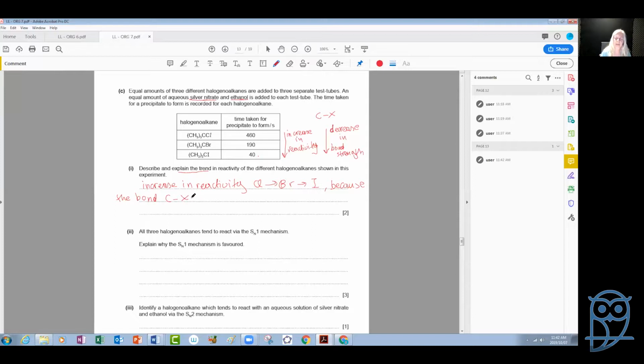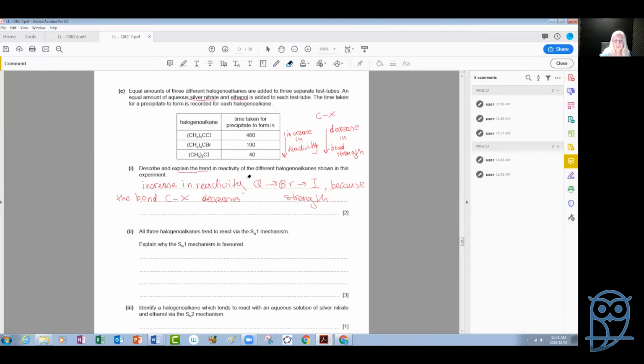It doesn't make sense otherwise, so let's make an intelligible sentence here.